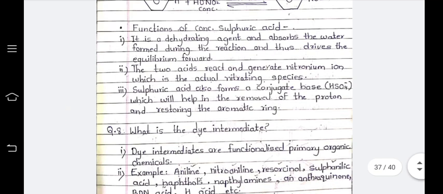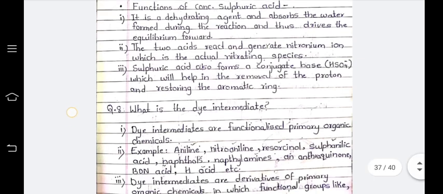Function of the concentrated sulfuric acid: it is a dehydrating agent and absorbs the water formed during the reaction, thus driving the equilibrium forward. The two acids react and generate nitronium ions, which are the actual nitrating species. Sulfuric acid also forms the conjugate base HSO4 minus, which helps in the removal of the proton and restoring the aromatic ring.